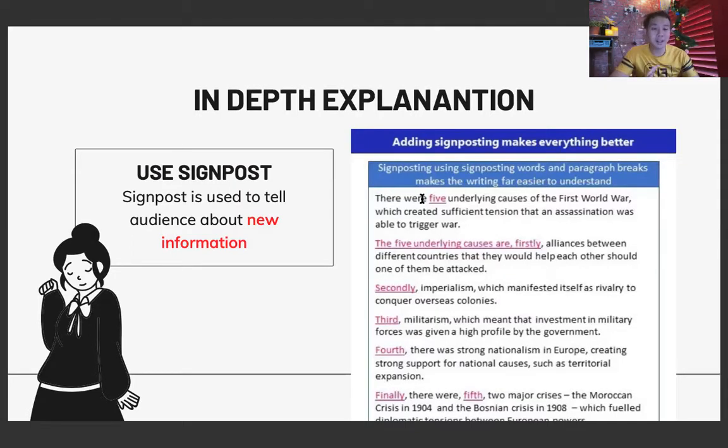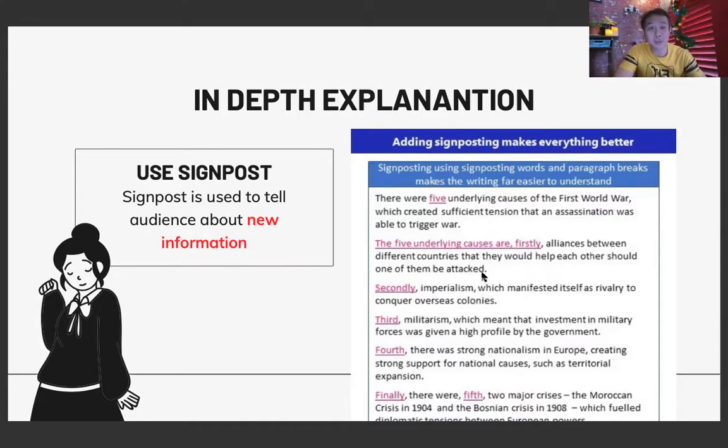So there's a lot more other choices of words. Tapi these are the things that you can put. You kena letak signpost supaya orang tahu, okay, you dah cakap tentang point 1, right now we're moving on to point number 2, number 3, number 4, number 5. Yang tu nama dia signpost.